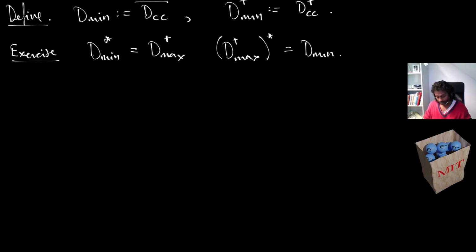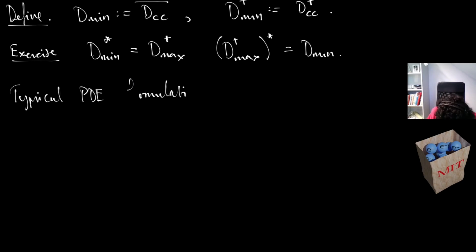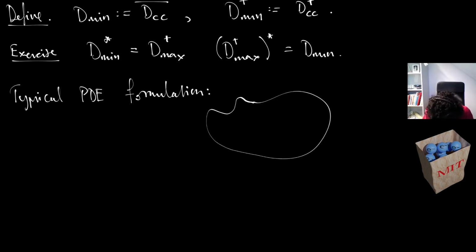So now let me talk about what a typical PDE formulation is, just to motivate what we're going to do. So we have some M, we have some interior pointing vector field T, and typically we want to do something like this.